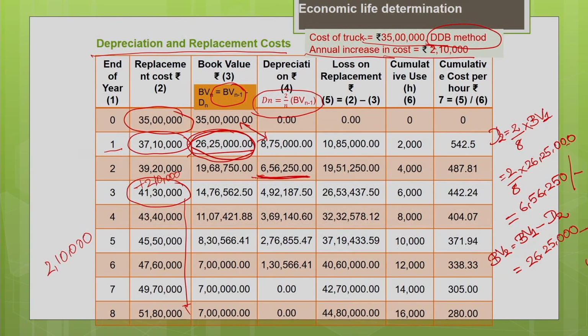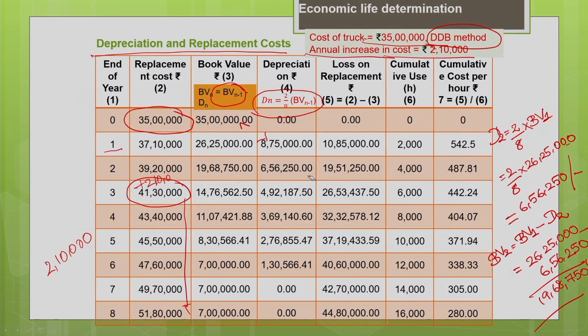Depreciation for the second year is 6 lakh 56,250. If you subtract both, you will get the book value for the second year as 19 lakh 68,750. So, this is the book value at the end of second year. Hope you understand how you are calculating that.